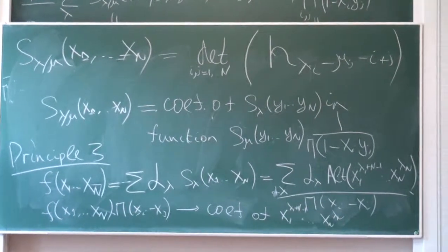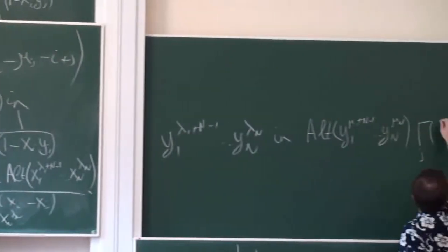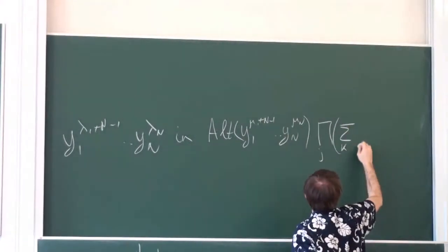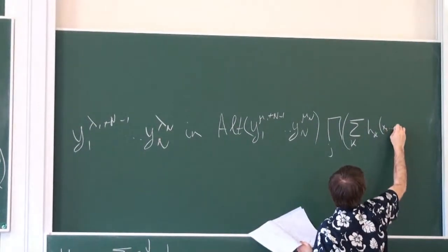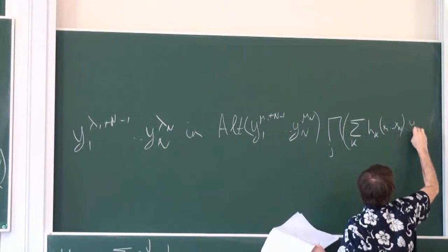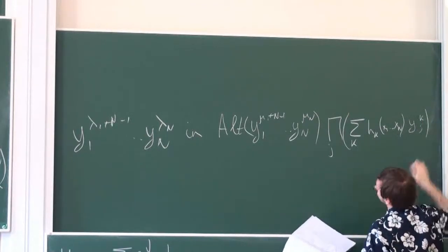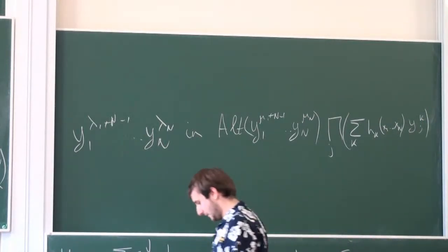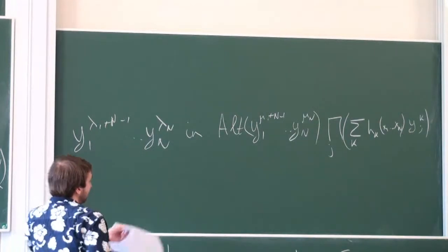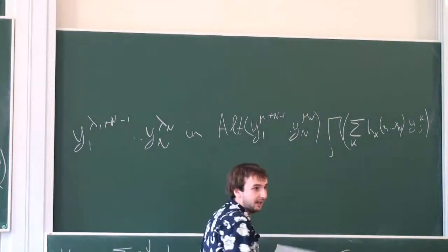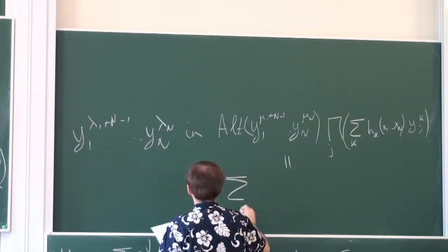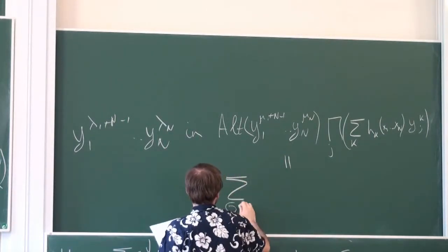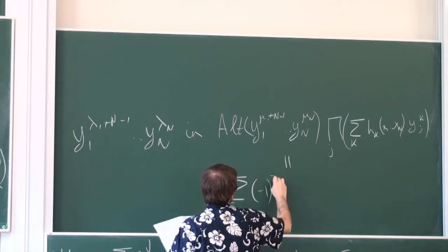This product over j of the sum over k of hk of x1, ..., xn times xj to the power k. Okay, now this coefficient, just when you open the brackets and multiply, you see that this is equal to the sum of all sigmas, with sign of sigma.